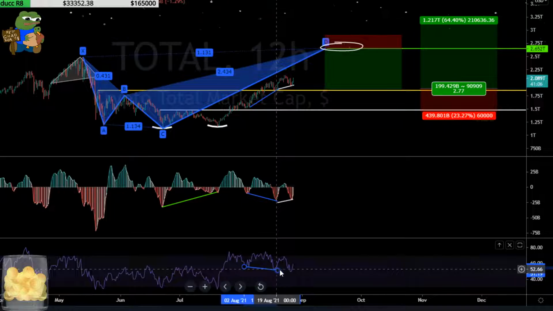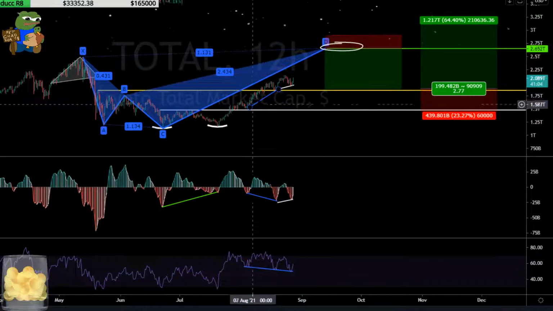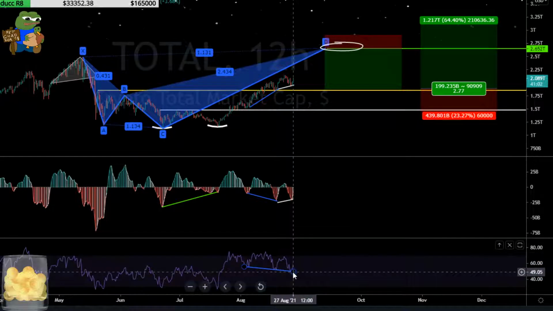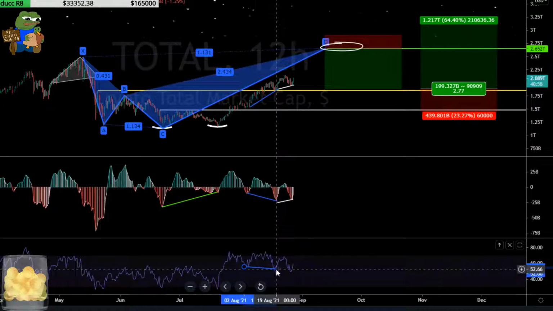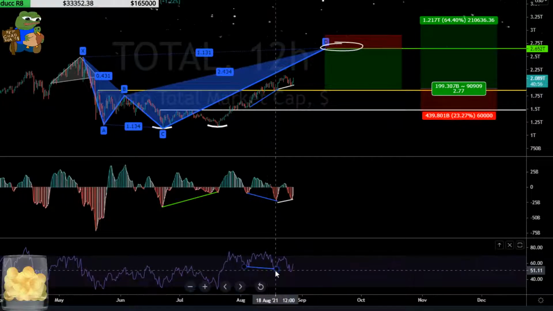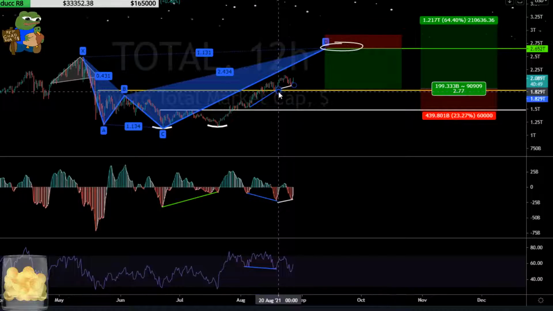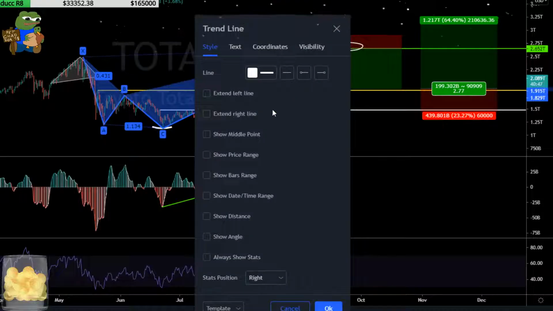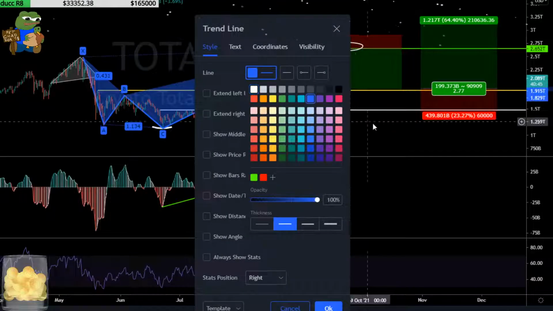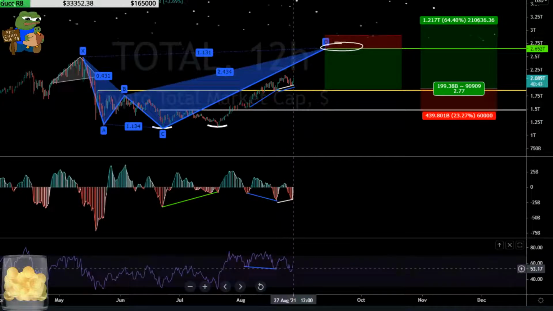On the RSI, you ended up painting 3 times. It's almost like, okay, there's a hidden bullish divergence into another hidden bullish divergence. See this, where you had a higher low on price and a lower level of relative strength.